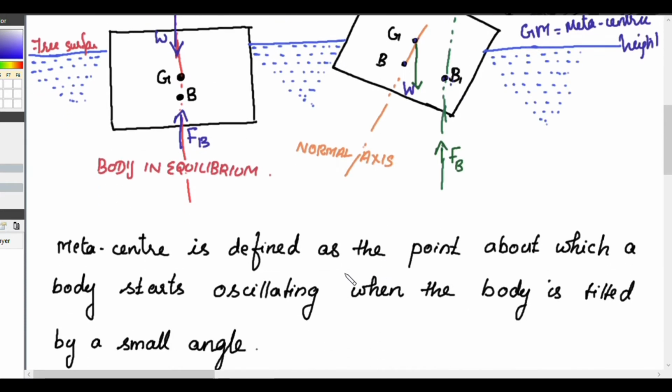Now we will define metacenter. Metacenter is defined as the point about which a body starts oscillating when the body is tilted by a small angle.